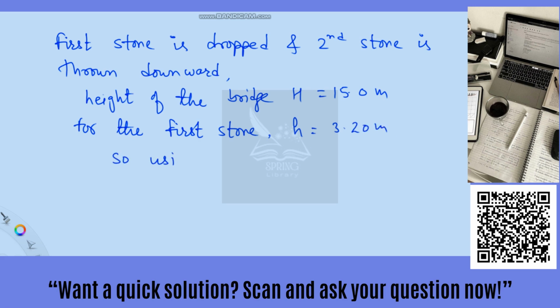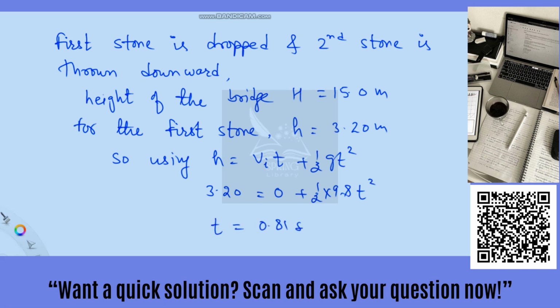So in order to find time, using second equation of motion, h is equal to vi t plus half g t square, h 3.20, vi that was 0, plus half multiplied by g, which is 9.8, into t square, and that t is calculated to be equal to 0.81 second.